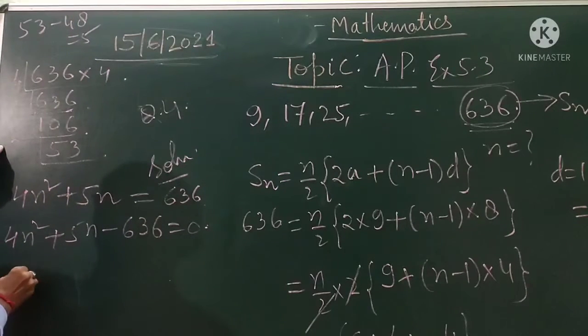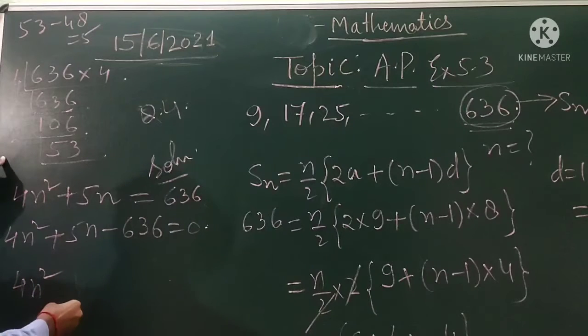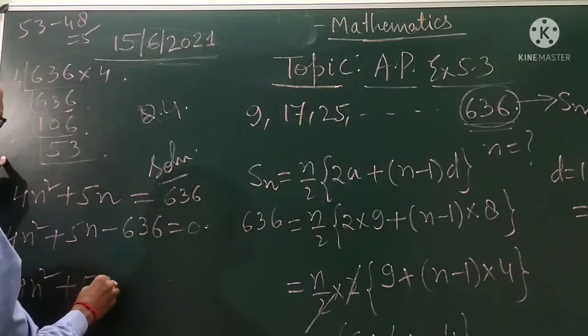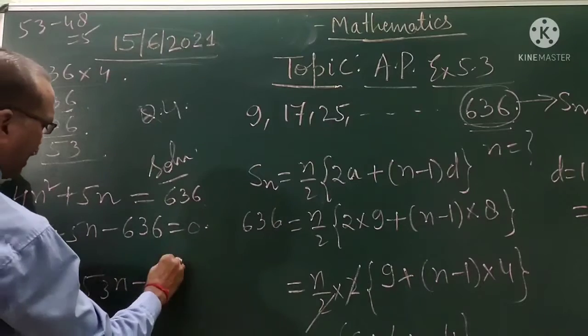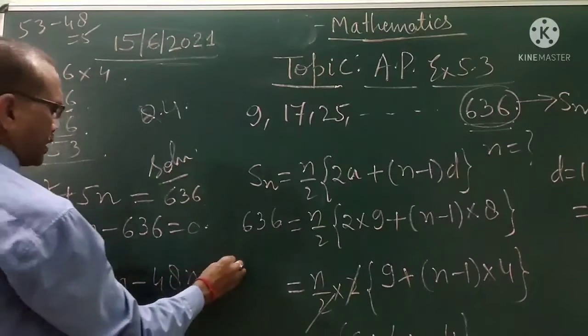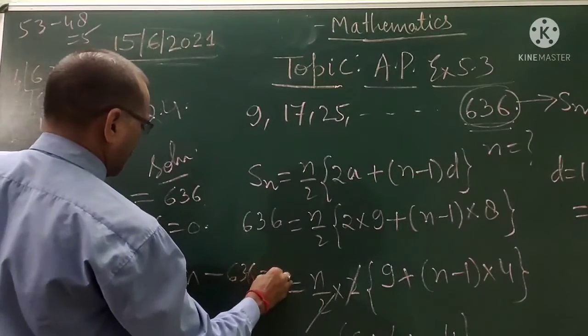So we can write 4n square plus 53n minus 48n minus 636 equal to 0.